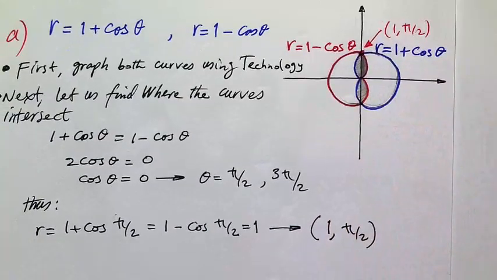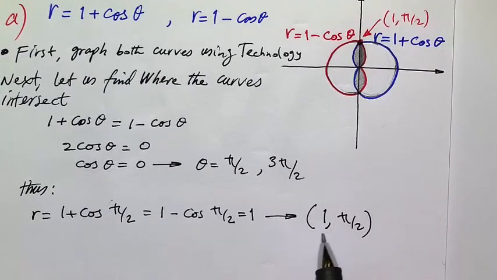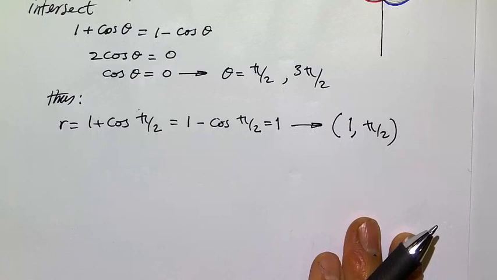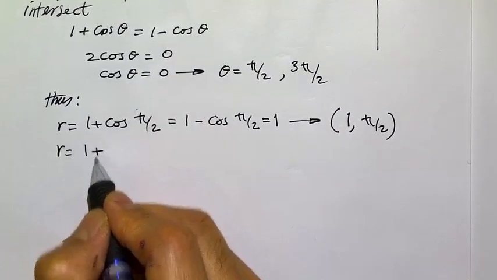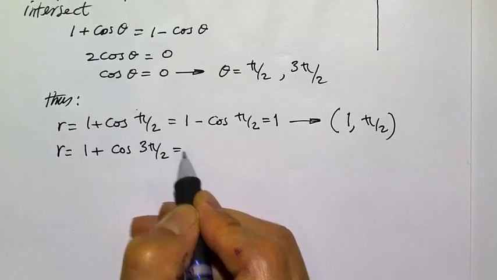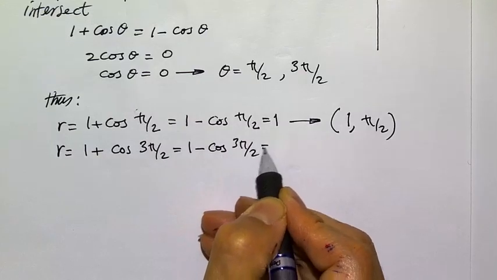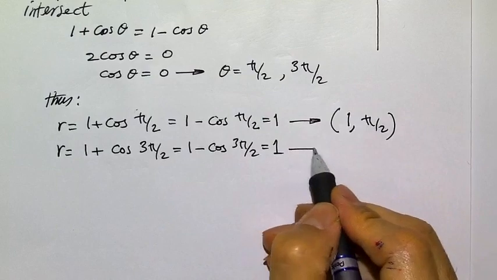And you probably guessed what the other one is, right? It's going to be 1 again, but this time comma 3 pi over 2. But let's just calculate it. r equals 1 plus cosine of 3 pi over 2 is equal to 1 minus cosine of 3 pi over 2. Again, because it makes no difference if we add or subtract 0 to another value.